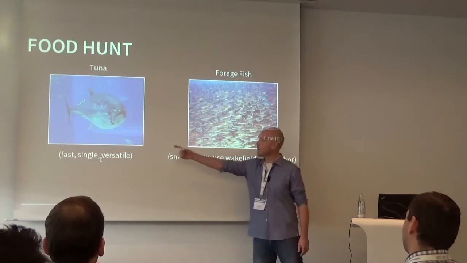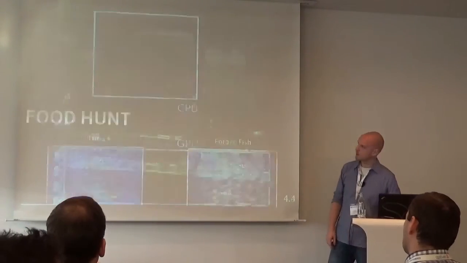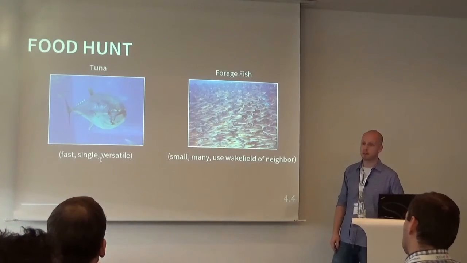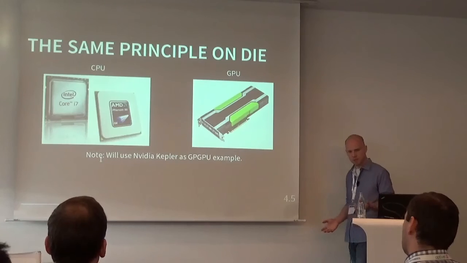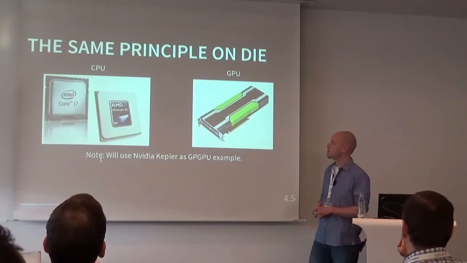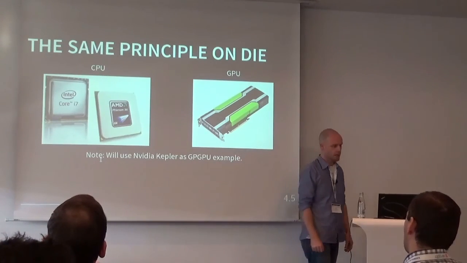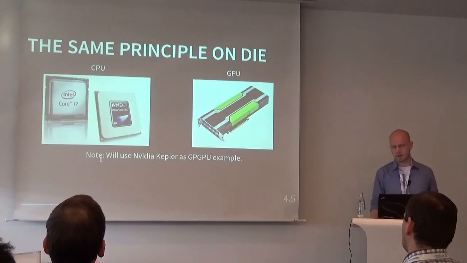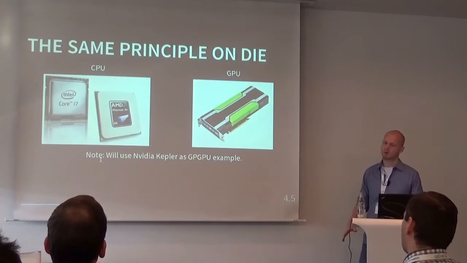The CPU is very fast and very versatile, whereas the GPU has its distinct properties, but its layout is for massive parallelism, okay? So for the following 2 to 3 slides, I will use the NVIDIA KEPLER architecture, but in principle, the concepts are almost the same on AMD hardware.